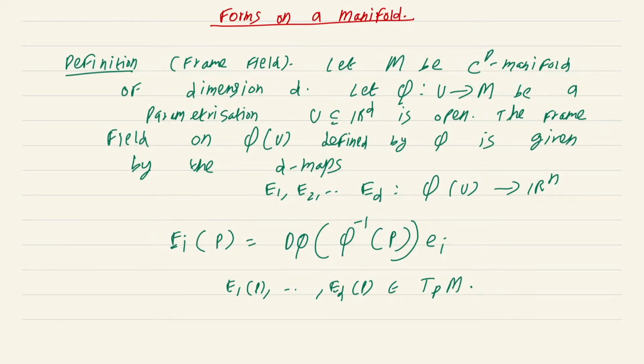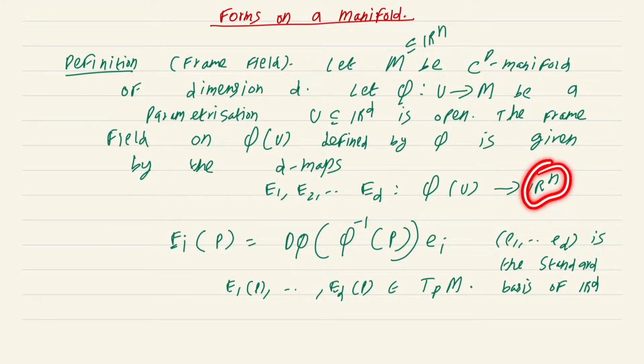Of course, here e_1 to e_d is the standard basis of R^d. And I must mention M is contained in R^n. That's why this map is mapping into R^n.